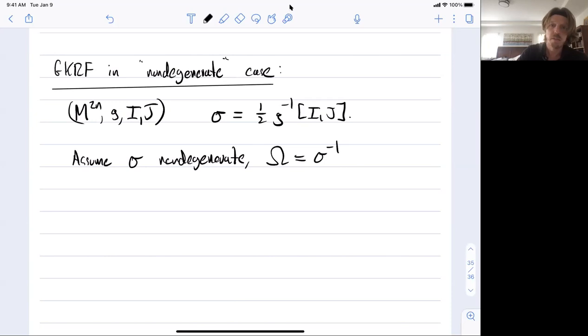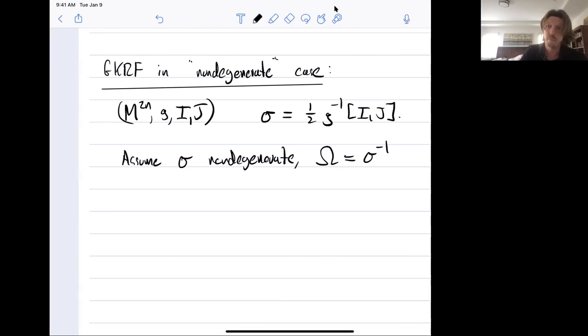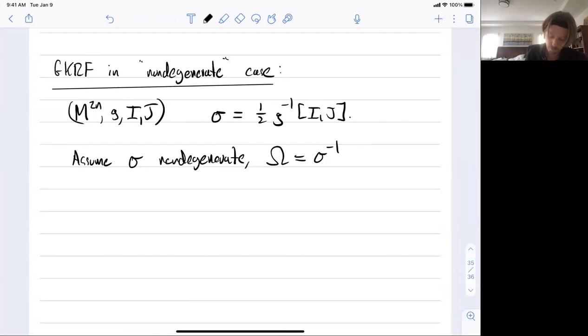And of course, the main example that we have of structures like this are hyperkähler.